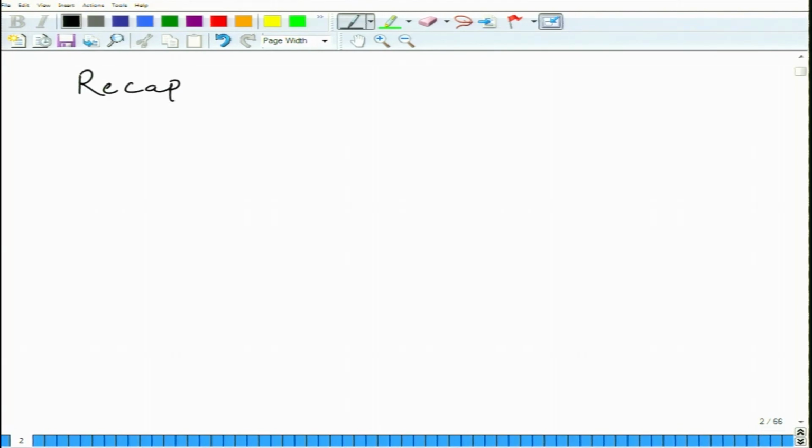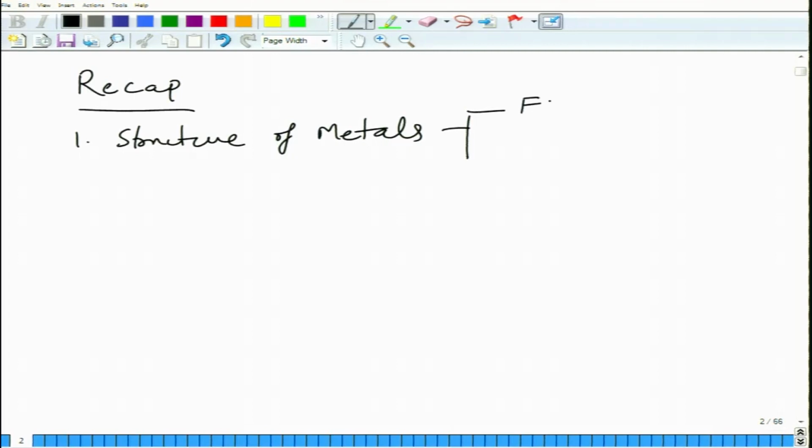studied so far. We looked at in the past few lectures, the structure of metals. Okay, so structure of metals typically is of three types. Most metals are FCC structured, or you can say CCP structured, cubic close packed structured, or hexagonal close packed, and BCC structured.